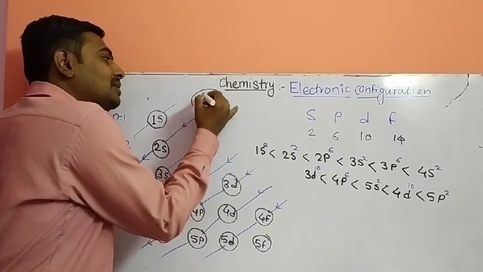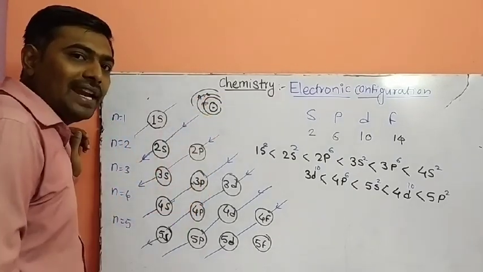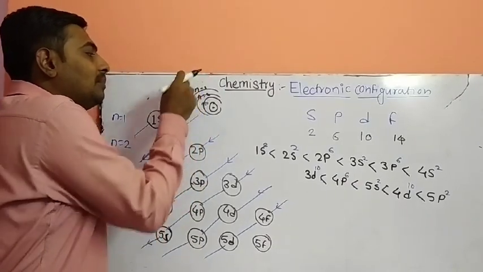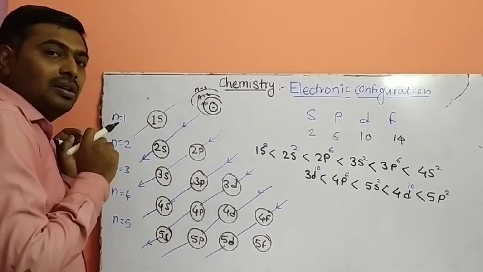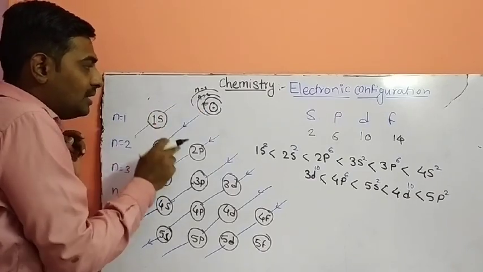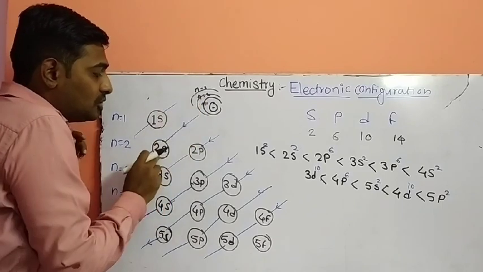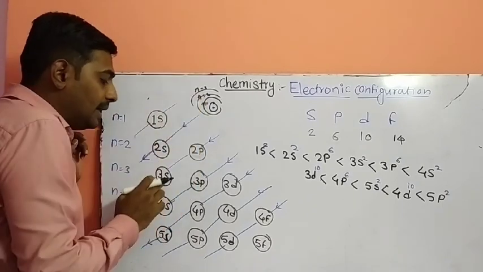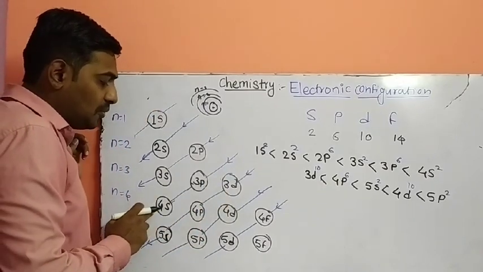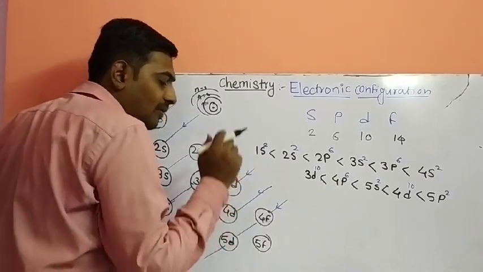The second shell is n equal to 2, and the third shell is n equal to 3. The first shell contains the s orbital, the second shell contains 2s and 2p, the third shell contains 3s, 3p, 3d, and the fourth shell contains 4s, 4p, 4d and 4f.